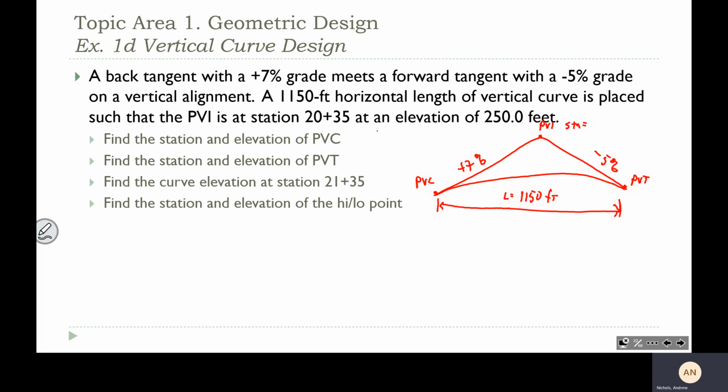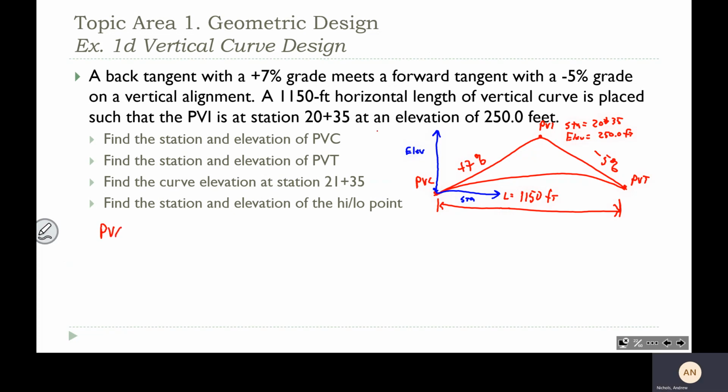So our PVI station is 20 plus 35, and our elevation is 250. So we're asked to find a whole bunch of different things. Again, visualizing our coordinate system that starts at the PVC elevation and station or X distance. So first we want to find the station and elevation of the PVC.